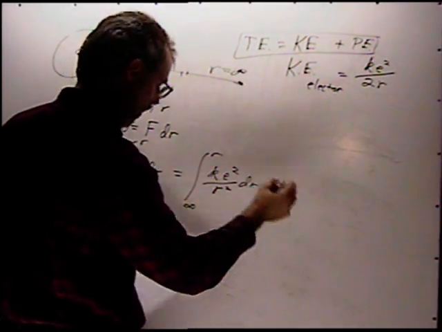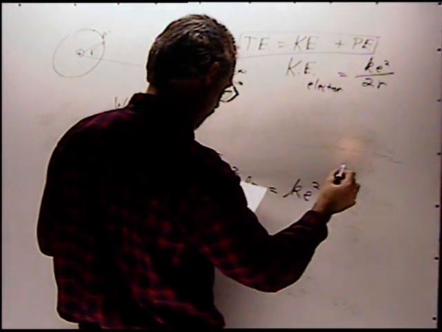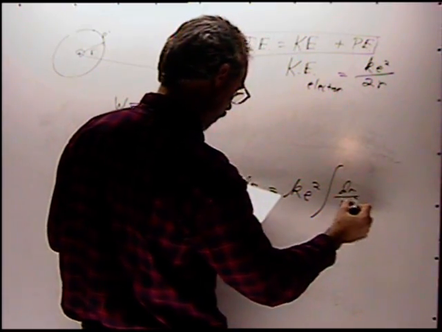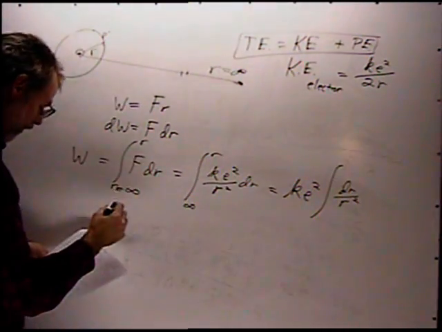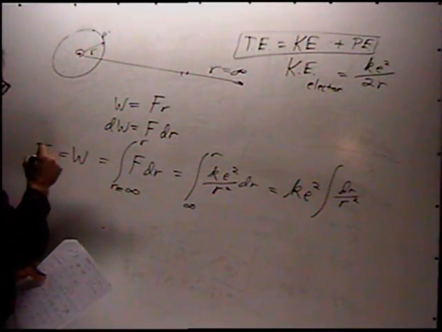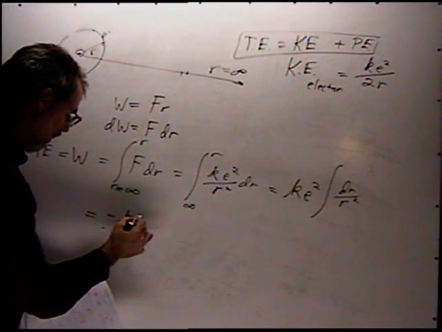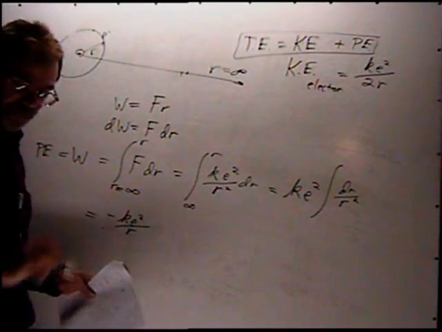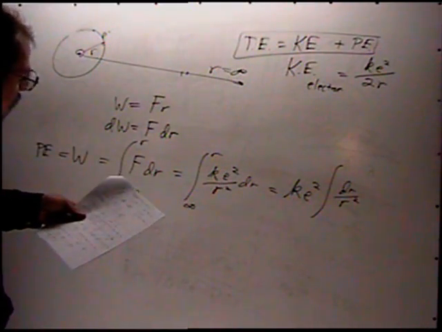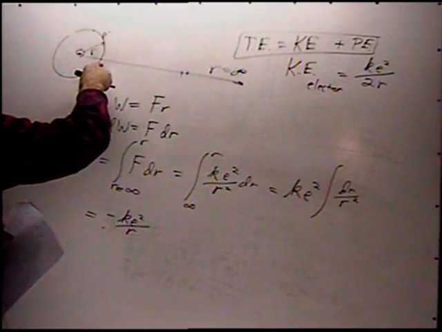And we integrate this, and I'm just going to write it. If you haven't had calculus, the equation comes out to be the potential energy, which is minus K E squared over R. That's the energy it takes to bring an electron from way out here to this point here.